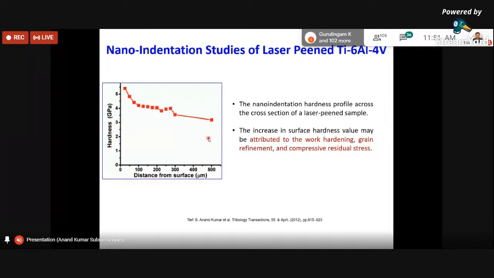At least I've not come across people talking of nanocrystallite formation from FSP, but it should be possible by optimizing the process parameters.